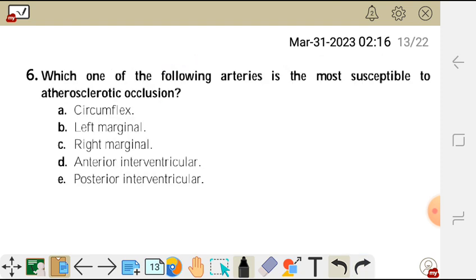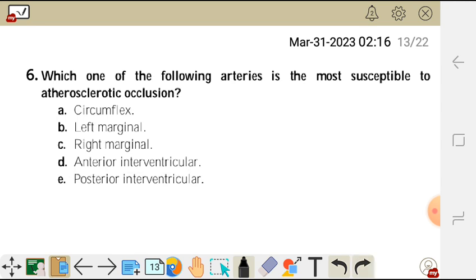So we move on to question 6. Which one of the following arteries is the most susceptible to atherosclerotic occlusion? A. Circumflex. B. Left marginal. C. Right marginal. And D. Anterior interventricular.